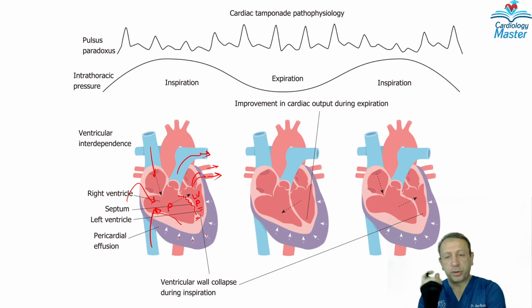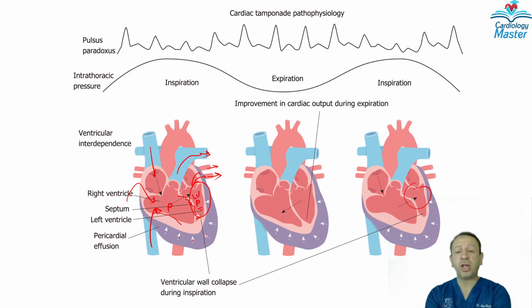But the most important in cardiac tamponade is that I am limiting the volume of blood further in the left ventricle during inspiration. So what will happen to the systolic blood pressure during inspiration?